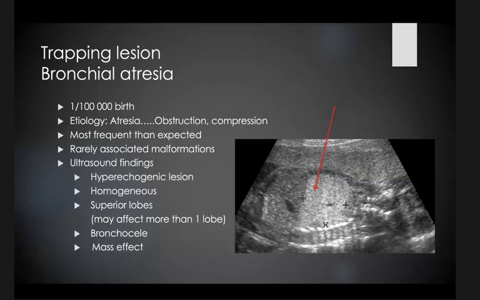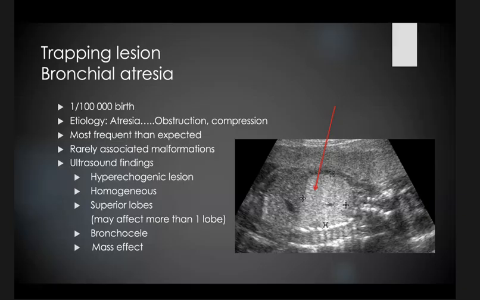So let's start with air trapping. Bronchial air trapping lesion, which is usually from bronchial atresia, is 1 in 100,000 births. As for the etiology, you can have obstruction, compression, or atresia of a bronchus. It's more frequent than you would expect, but it's rarely associated with other malformations in the fetus.